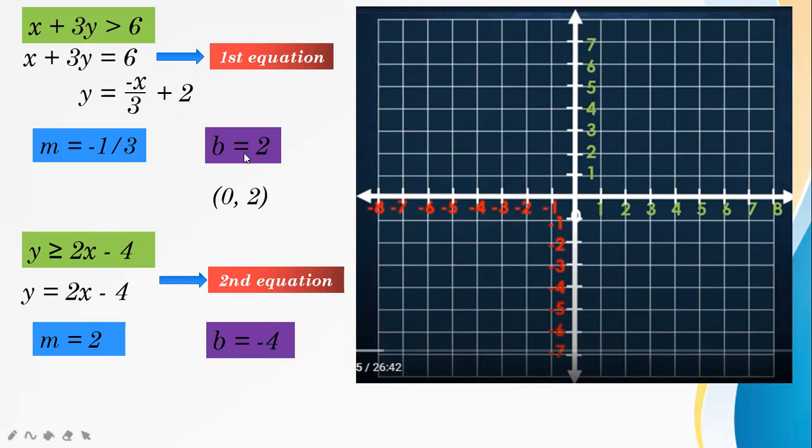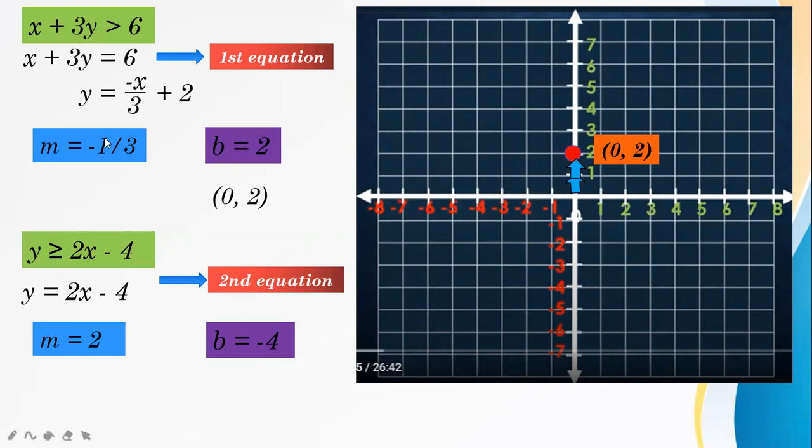Then first equation, y-intercept, b equals 2, or it can be (0, 2). Then graph (0, 2). So it means your x is 0. So you move above the x-axis 2 units. 1, 2. Then this will be your point. So we have (0, 2).